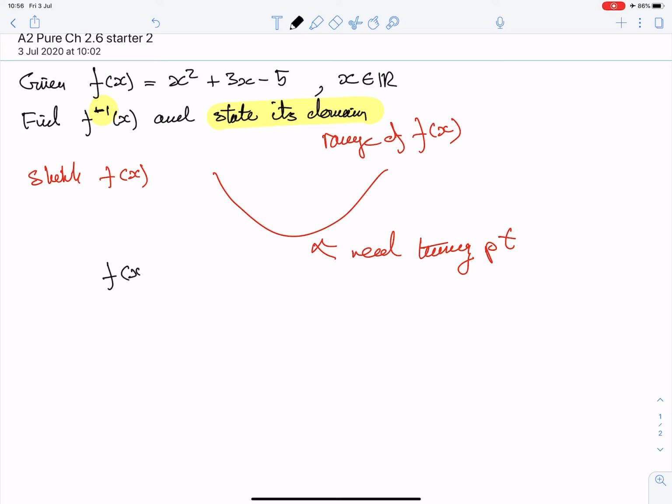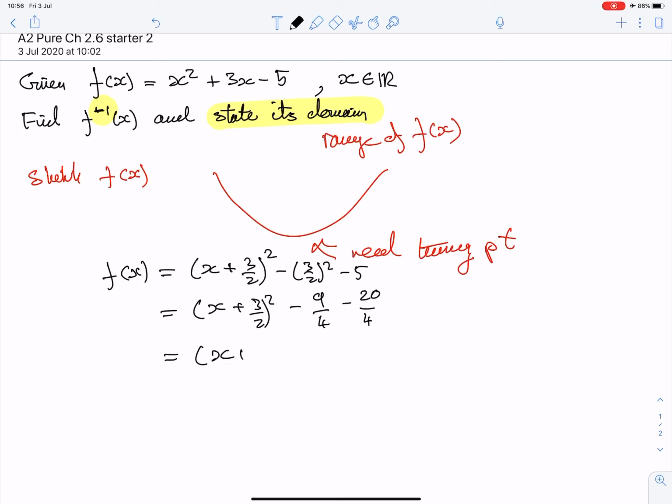So f of x equals x plus 3 over 2 minus 3 over 2 squared minus 5. Sorry, there's a squared on there. So we've got x plus 3 over 2 squared minus 9 over 4 minus 20 over 4.